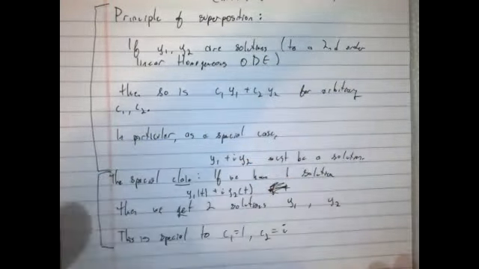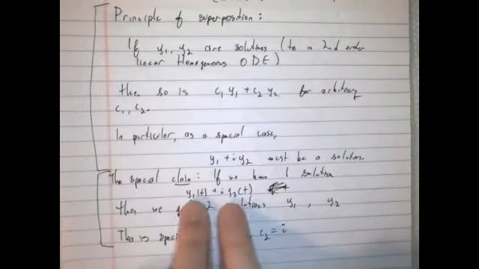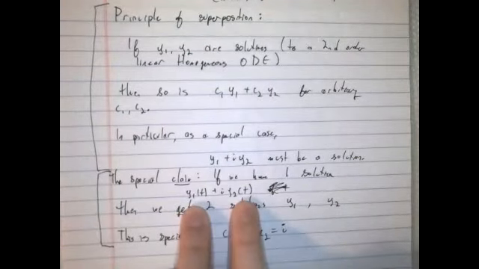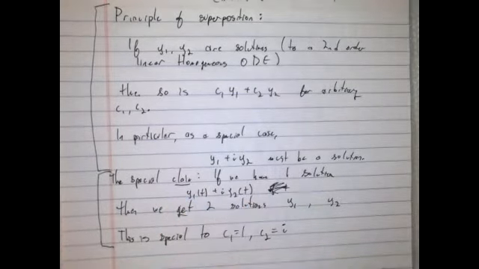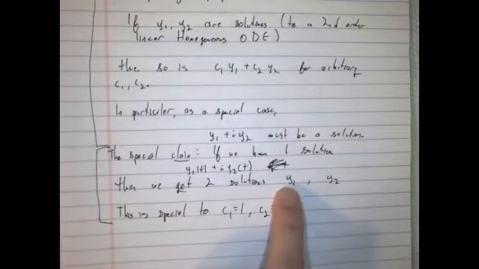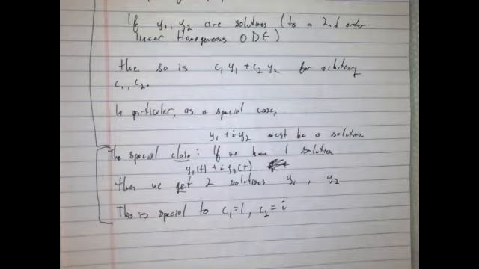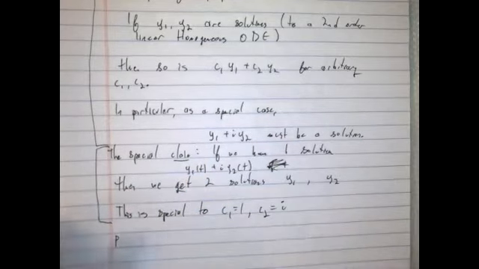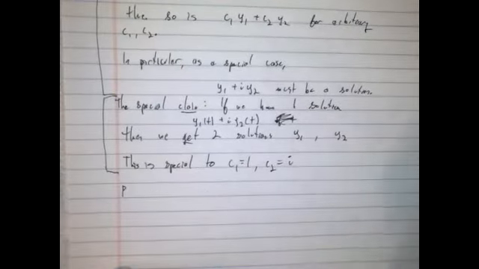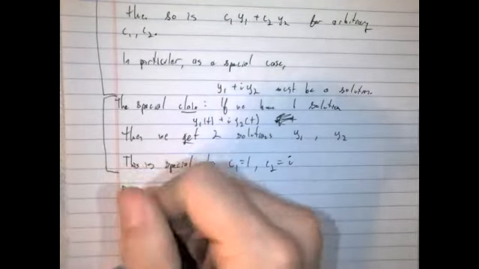Right, so all this is principle of superposition. This material is saying, when you have something that can be written in this very special form, when you have one solution which can be written in a complex way like this, then you actually produce two solutions out of it, namely y1 is a solution and y2 is a solution. And we can prove this. So maybe this would go a little better if you all try to prove this.